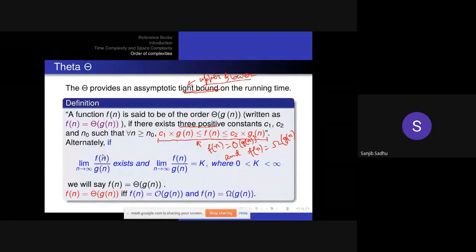Alternatively, the limiting definition: if the limit of f(n) by g(n) exists and is equal to k, where k is greater than 0 and less than infinity, then we say this is theta of g(n). So I have already said, f(n) is theta of g(n) if and only if f(n) is big O of g(n) and f(n) is big omega of g(n).